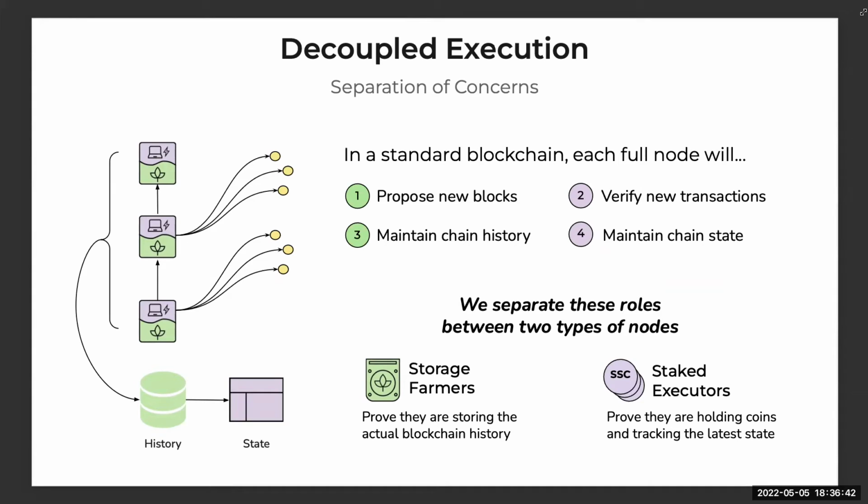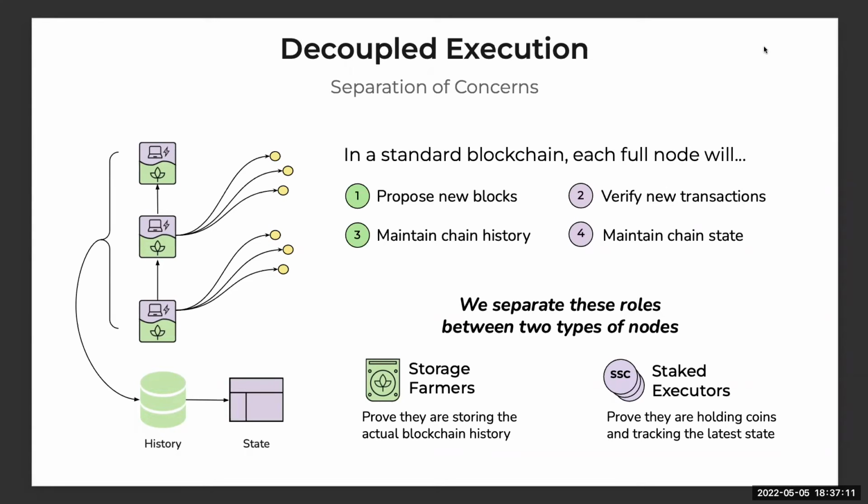So in pretty much all blockchains, and especially Ethereum, it's expected that a full node will do many different things. It will propose blocks, verify transactions, it will maintain the history, and it will also maintain the state. And in short, what we do is we separate these roles between two different types of nodes. We have one type of node who is responsible for the safety of the chain. So that's the farmers.